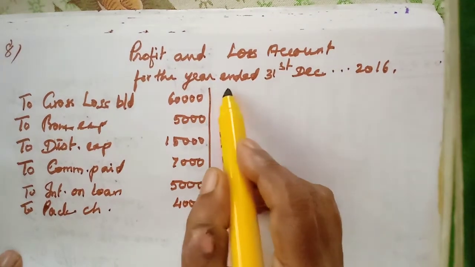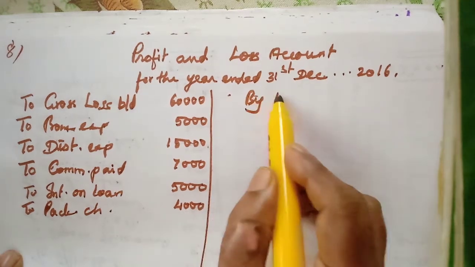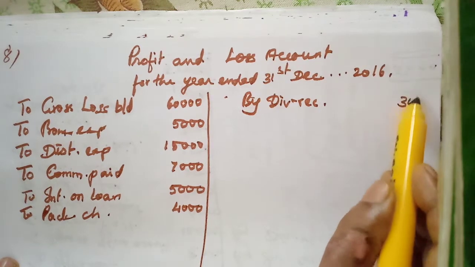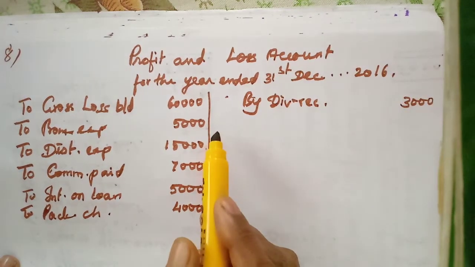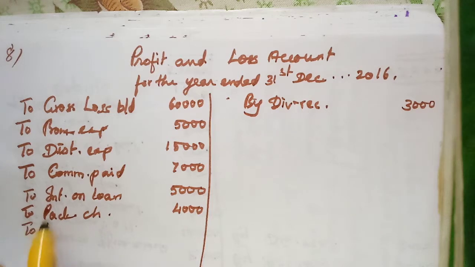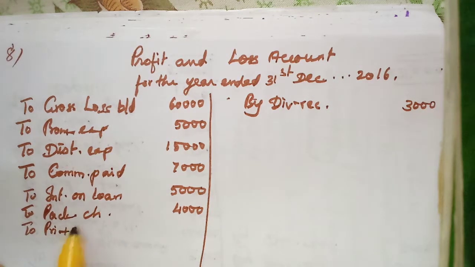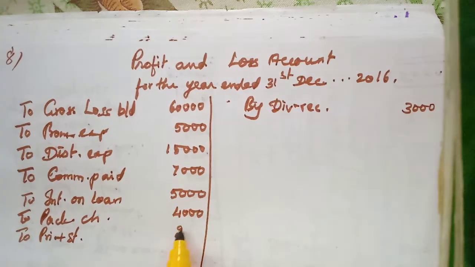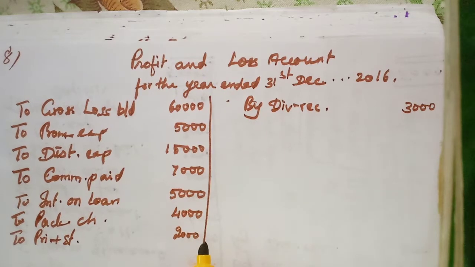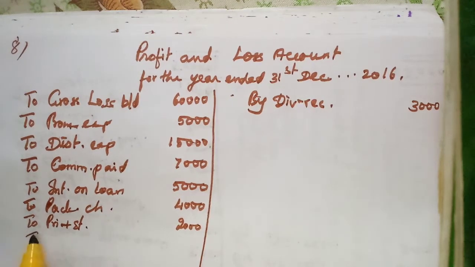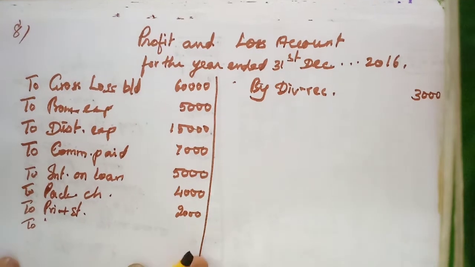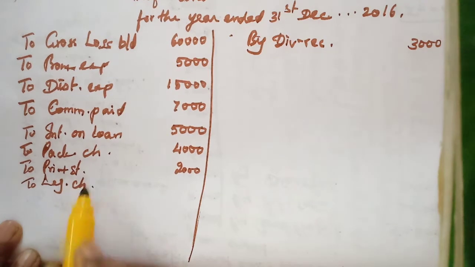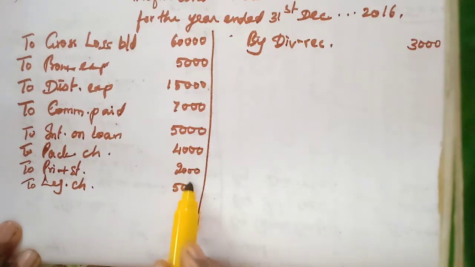Dividend received, so it is an income, isn't it? By dividend received 3,000. Then printing and stationery 2,000. Legal charges 5,000.